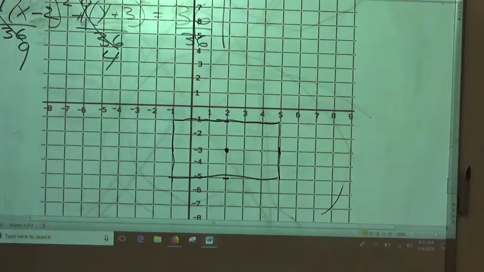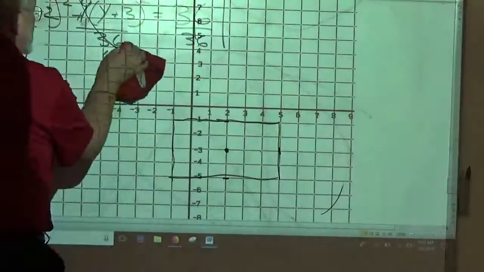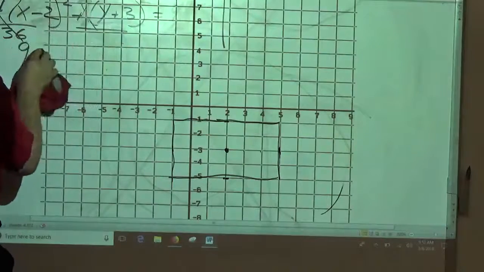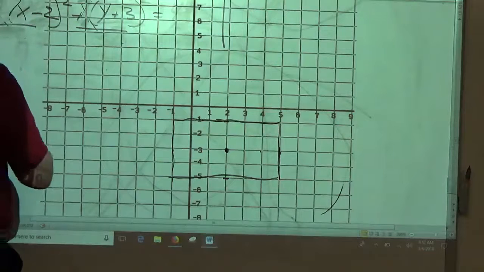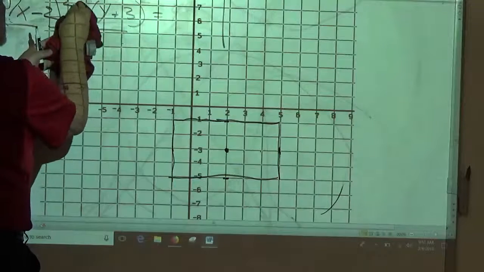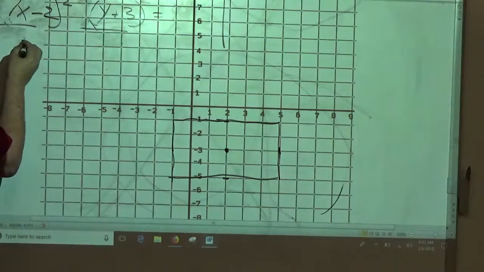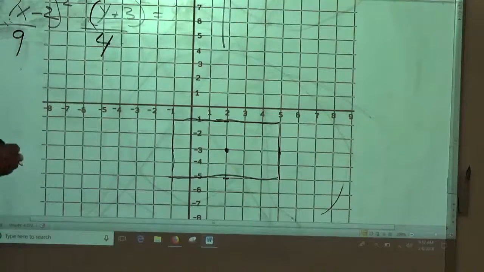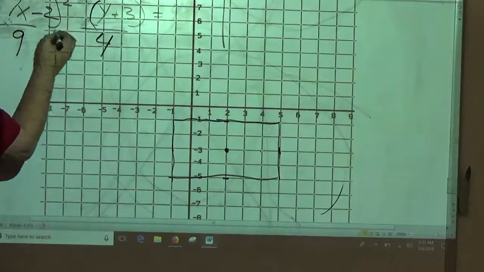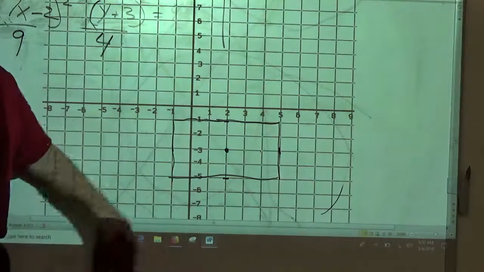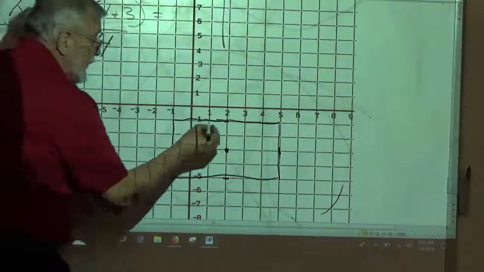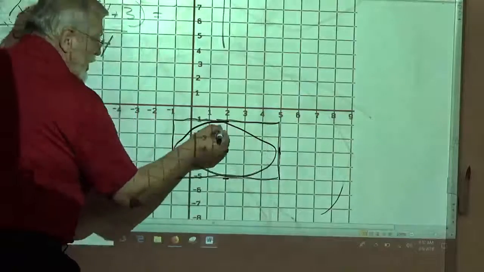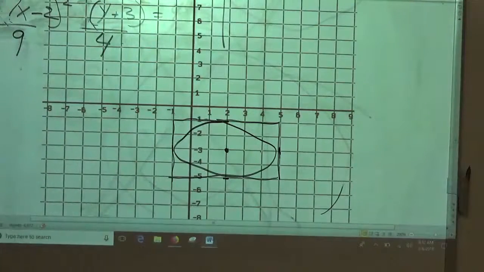I'm going to clean this up just a bit so that we understand what we're looking at. Now, if the sign in here were positive, you would draw an ellipse inside that box. So do it. Draw the ellipse. Doesn't have to be perfect, but people can get the general idea.